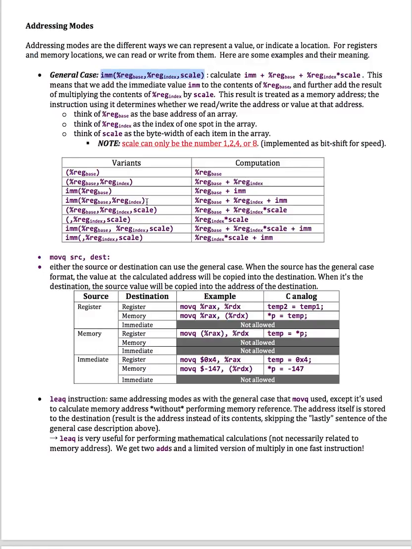For example, let's look at this example here. Compared to the general case here, we do not have scale. What this means is that the scale is 1. So if you plug in the scale of 1 here, this actually becomes this.